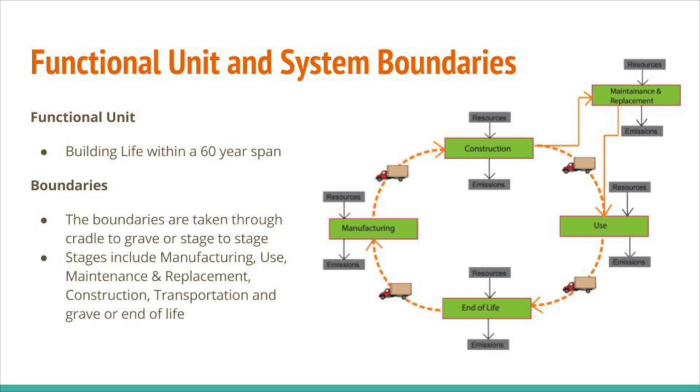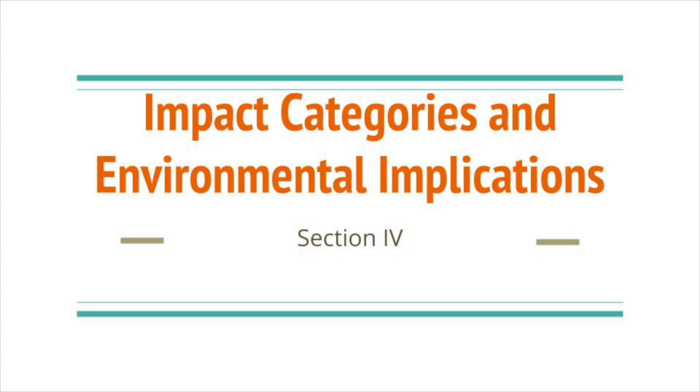We will use that 60-year lifespan to calculate the impact of the building on the environment and also the energy demand of the building. The graph shows the structure system boundaries of the exterior and interior. The boundaries are taken from cradle to grave. The stages usually include 4 main stages: manufacturing, construction, use, and end of life.